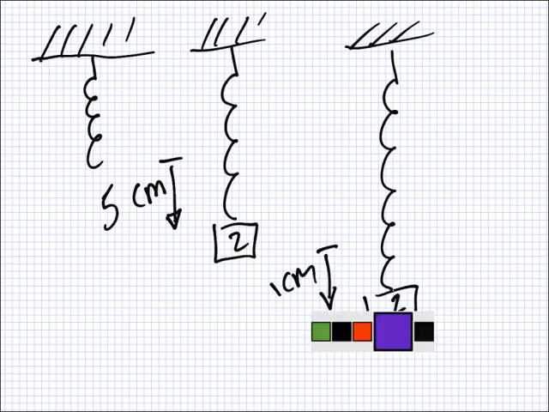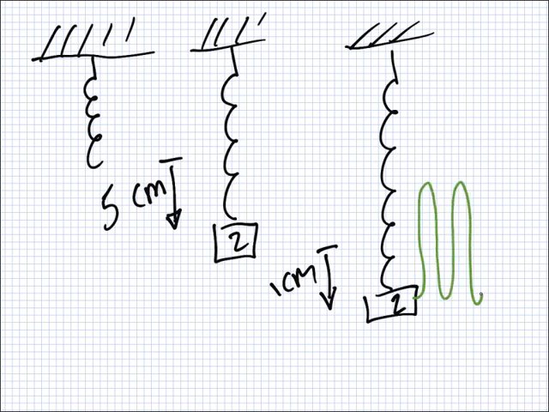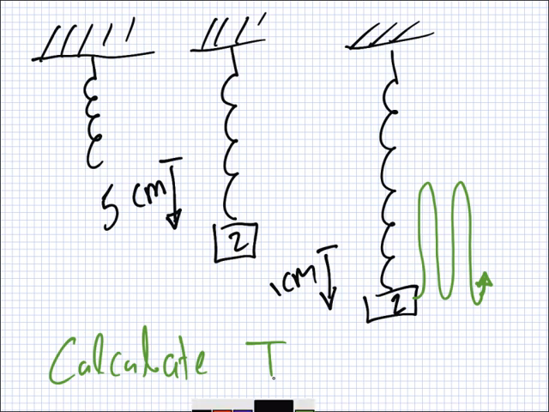And what do you think happens when they let go? Yeah, it'll go up and down like this now. So the question here is: calculate T. Okay, I think you can do this for me.